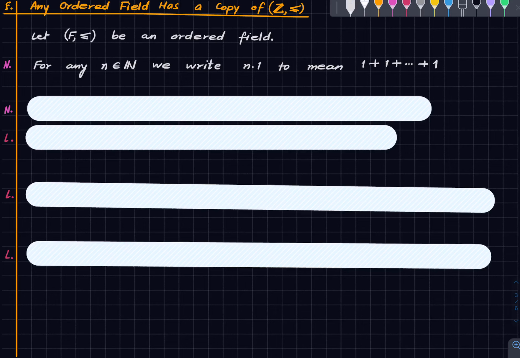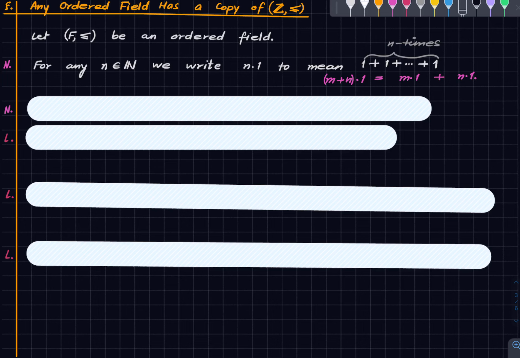How many times? n times. So this is a definition, and one can easily verify that (m plus n) dot 1 equals m dot 1 plus n dot 1. And again, this plus is happening in the natural numbers, and this plus is happening in the field, even though we are using the same symbol.